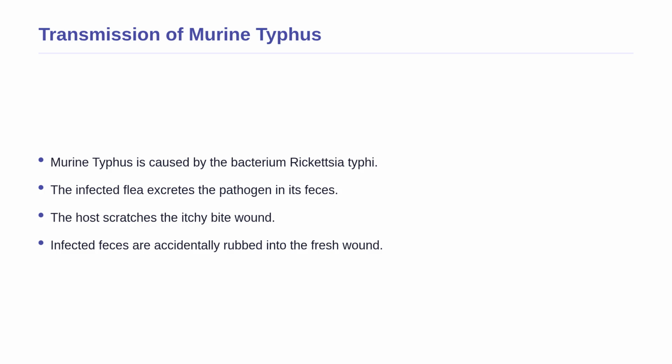The bite itself is itchy, which prompts the human host to scratch the area. By scratching, the host accidentally rubs the infected feces directly into the fresh bite wound. This indirect method of transmission highlights how pathogens exploit our natural physical reactions to ensure their survival and successfully infect a new host.